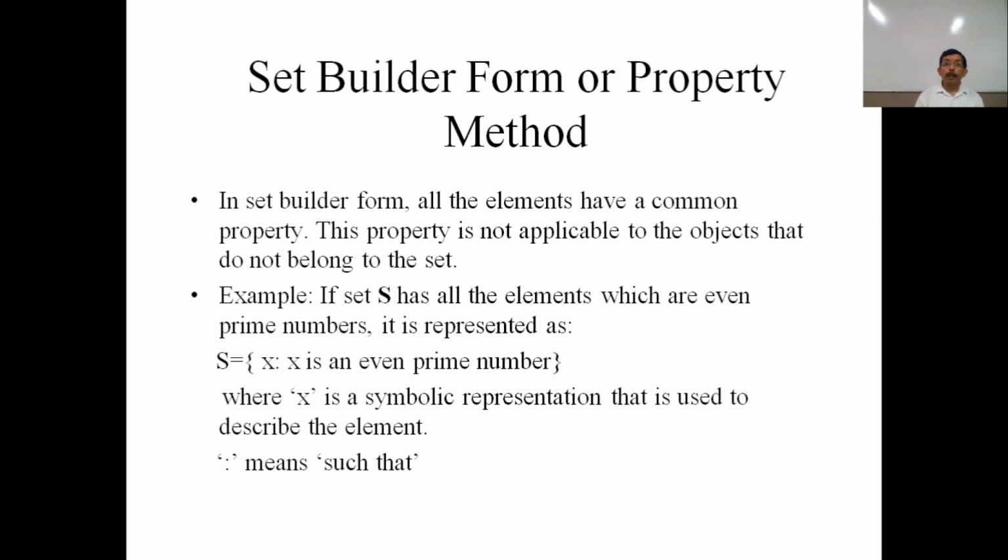This is the property form, rule method, or set builder method. In this method, the elements of the set are defined by a property, definition, or rule. Is it clear, everyone?